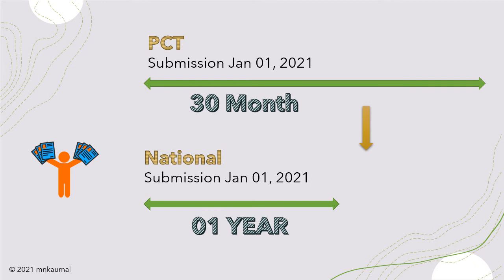So today is January 1st. You submitted the application, so we can consider today as the submission date. If your patent is accepted, then from today you have 20 years to use these rights and do whatever you want. But you have only 1 year to submit applications in other countries.